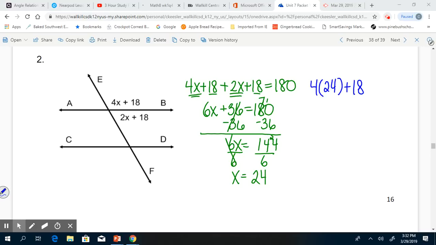And 4 times 24, well, 4 times 4 is 16. Carry the 1. 4 times 2 is 8 plus 1 is 9. So that's 96 plus 18, which equals 8 plus 6 is 14. Carry the 1. 9 plus 1 is 10, so 114 degrees. So that means all my obtuse angles should be 114.